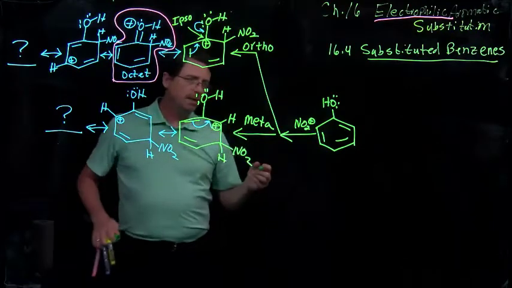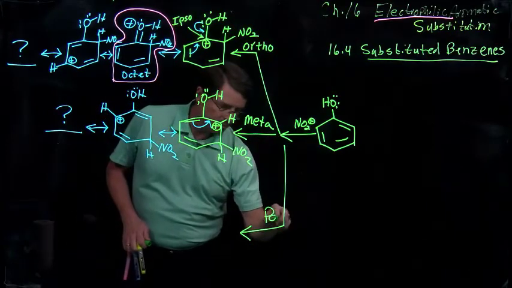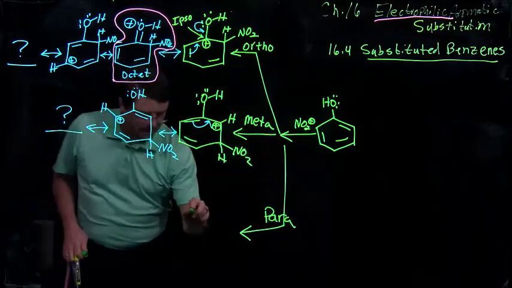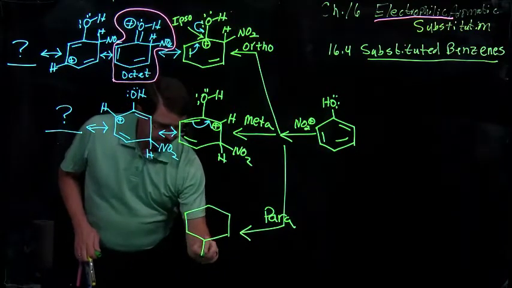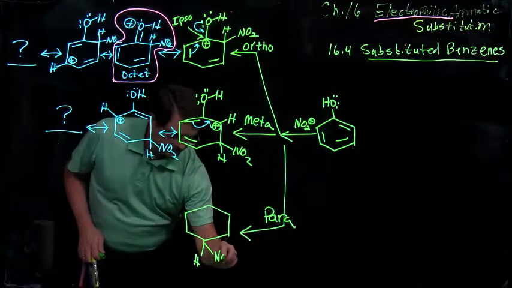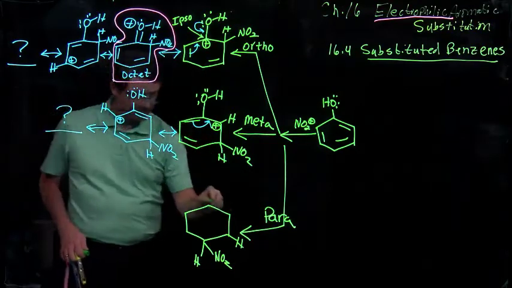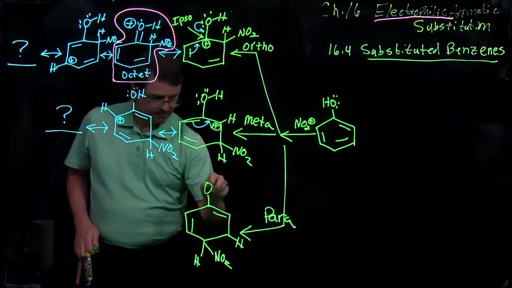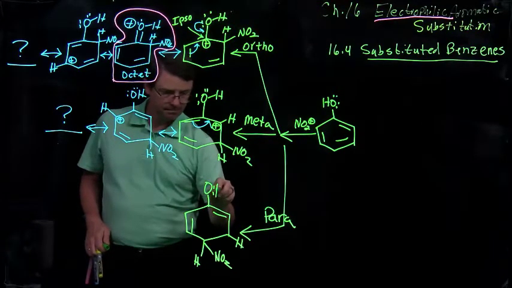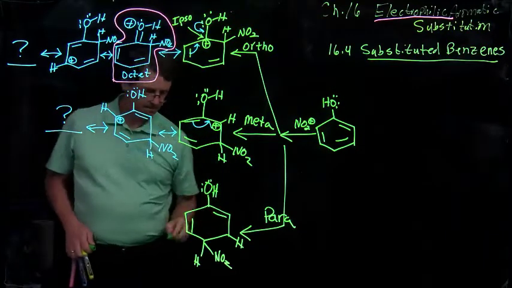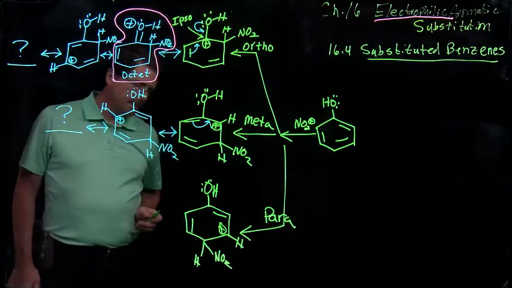And then the final one here is the attack can occur at the para position. If that occurs, we get an intermediate that has a carbocation ortho to my incoming substituent.